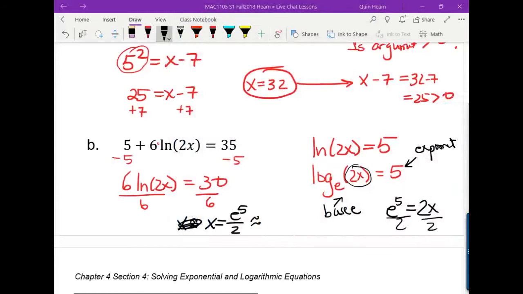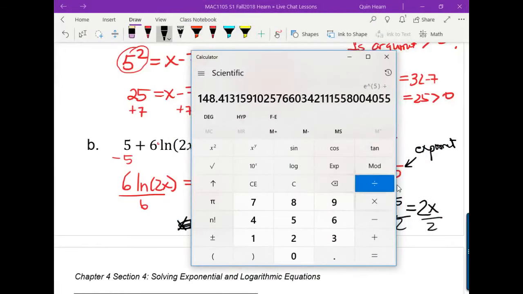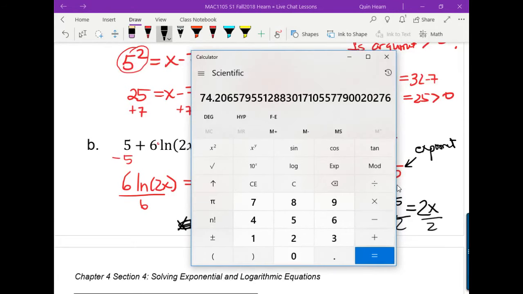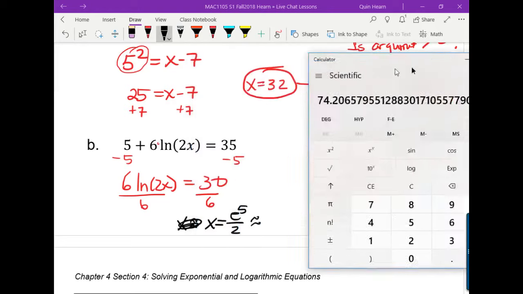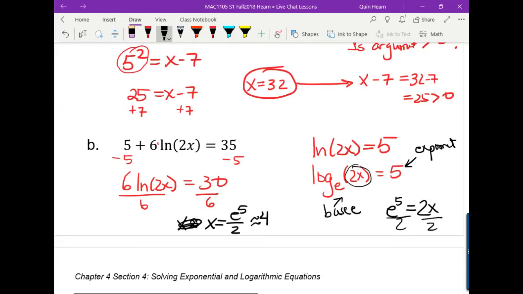So we have e to the 5th equals whatever's in the argument, 2x. Okay so far? All right, so then now all we have to do is divide both sides by 2. And we get x is exactly e to the 5th over 2.